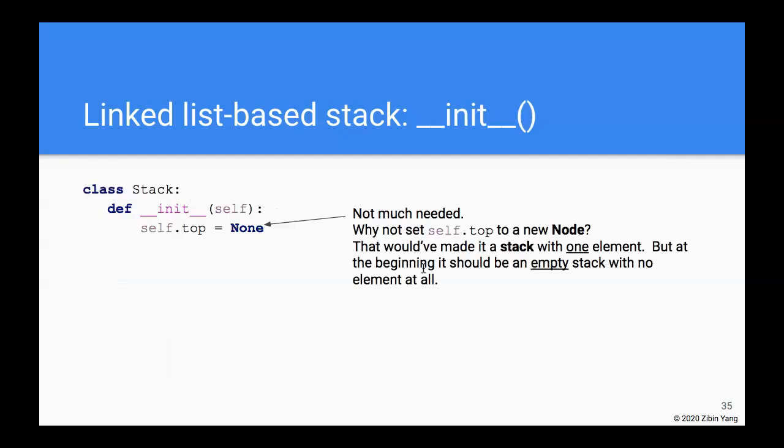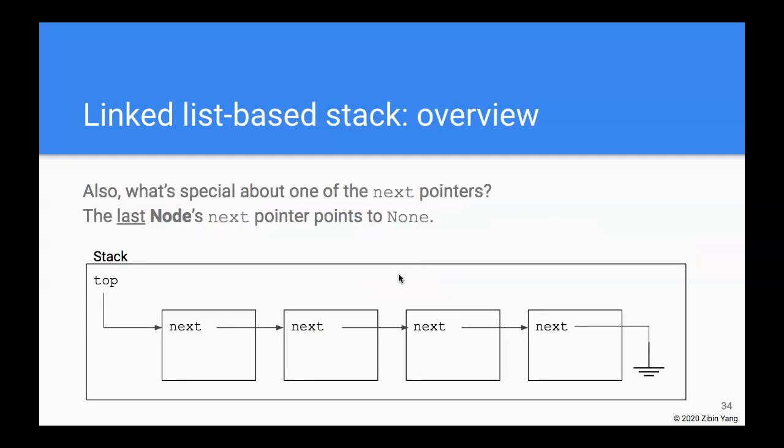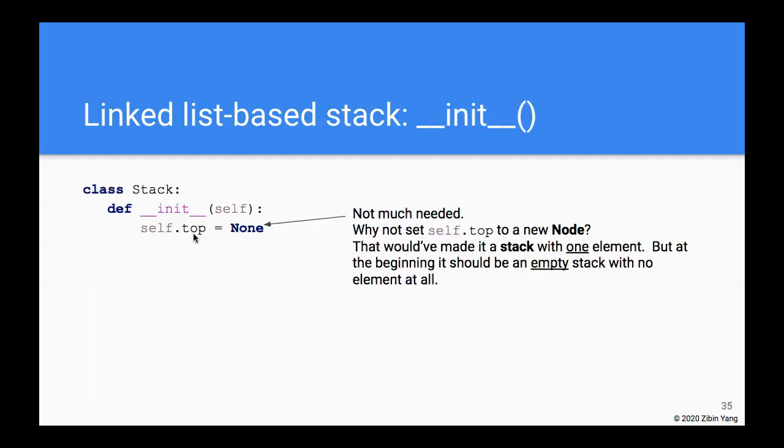So as usual, when we start implementing a class, we start with the initializer, __init__. For the stack, we have one very important attribute, the top attribute. So we're going to have to create that attribute, self.top. And to begin with, we will set it to None because the stack starts as empty, right?